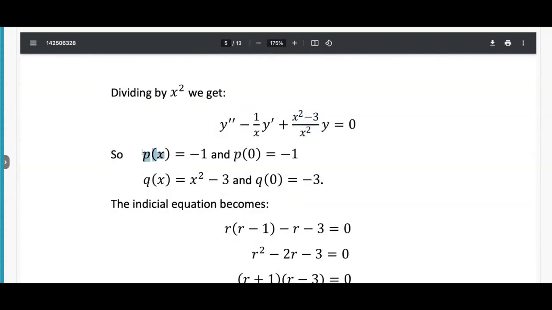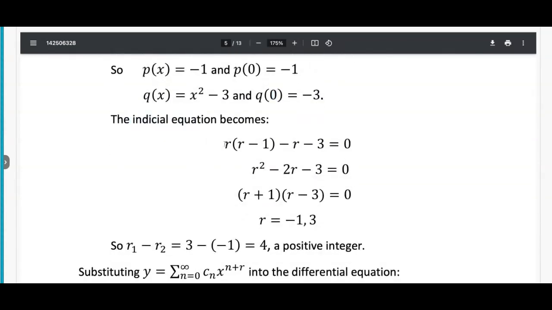Then we multiply x with capital P to get little p. p of x is a constant function. Little q of x, we multiply x squared with capital Q. We get a quadratic function, x squared minus 3. So 0 is in the domain of both functions, or we see 0 is analytic for both of them.